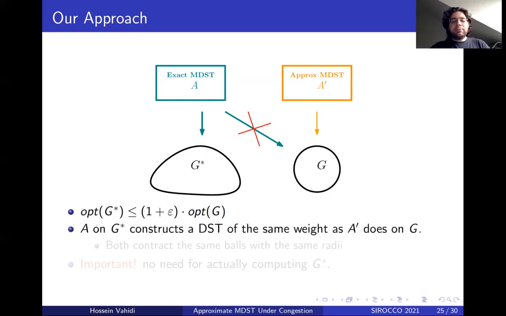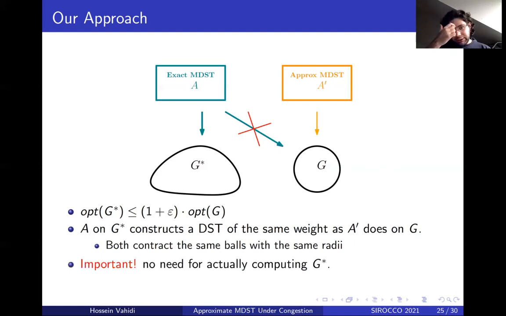So what we want to prove here is that A on G star actually constructs the same MDST as A prime does on G. And we're going to argue that both of them are contracting the same balls, so components at each step have the same set of vertices, and that's going to be helpful for the analysis here.